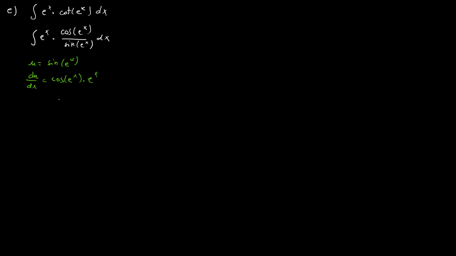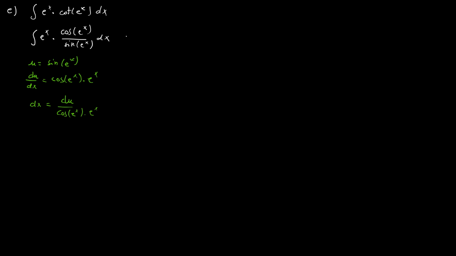Or in other words, this thing means that dx is equal to du over cosine e to the power of x times e to the power of x. Substituting that back in, well, what does that tell us?